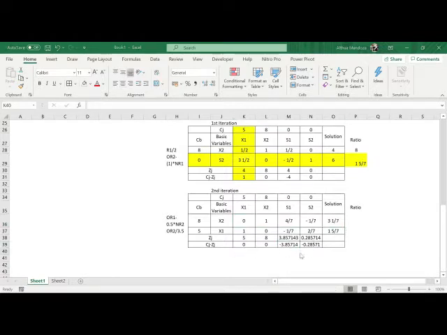As we can see here, there is no longer any positive value, so we can no longer get an entering variable from our Cj minus Zj. Upon checking, it is fine.